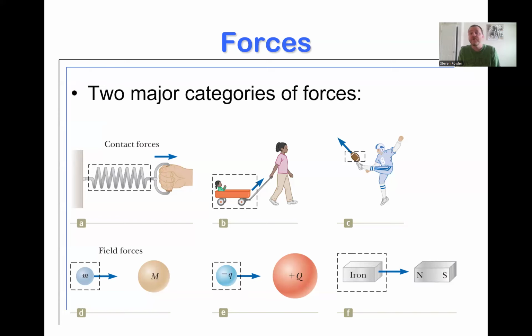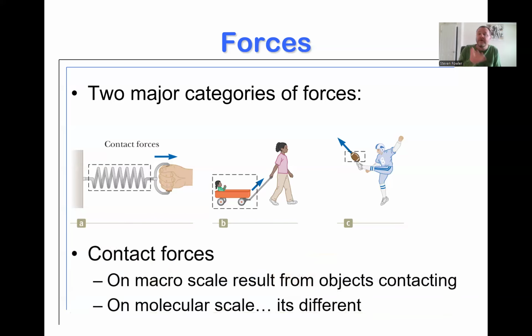There are two major categories that we, at the physics 1 level, would suggest. Now, your textbook goes on and does a pretty good job hinting at the idea that really there are 4 fundamental forces, and what we think of and consider a contact force isn't in fact a contact force, but is based on electric fields, due to molecular interactions.